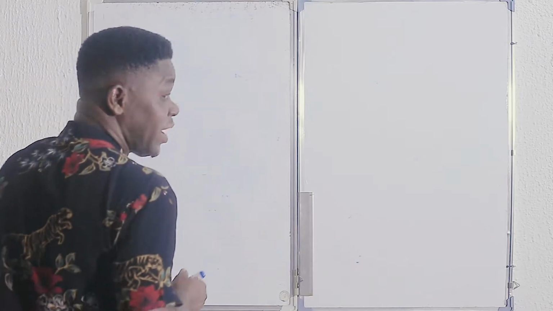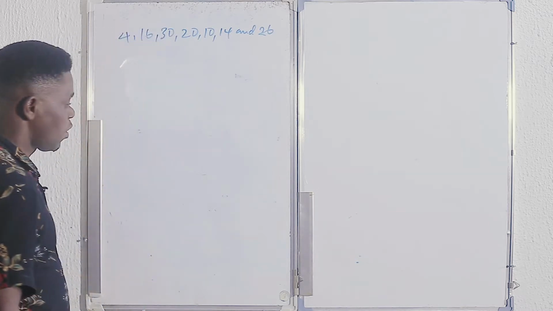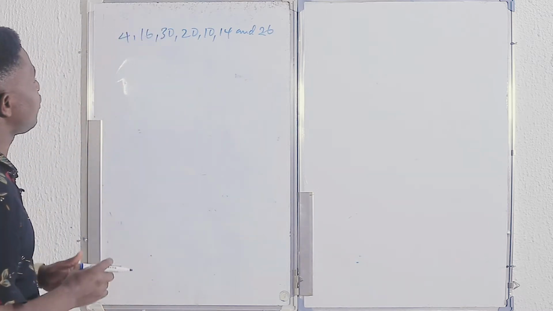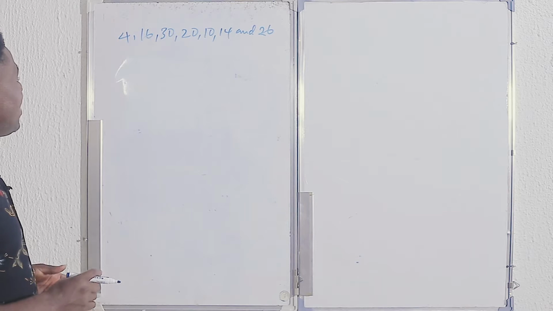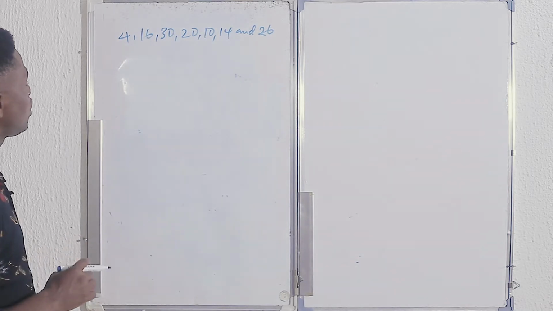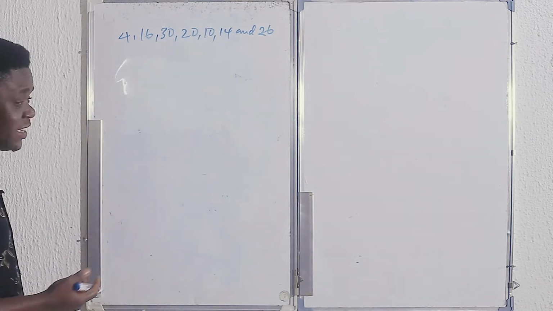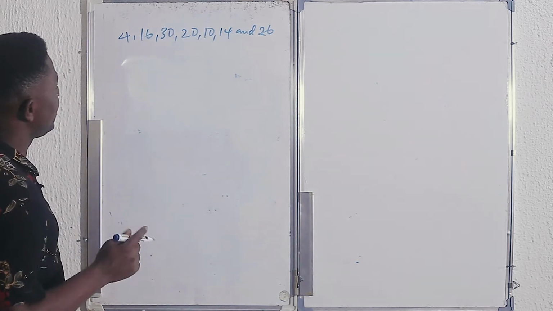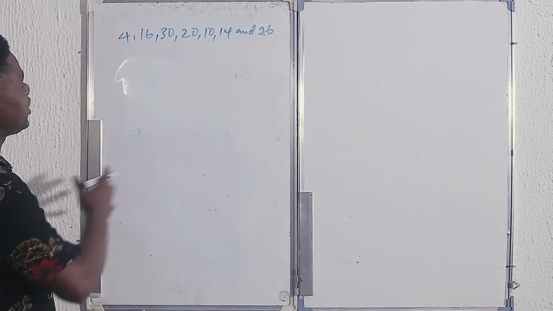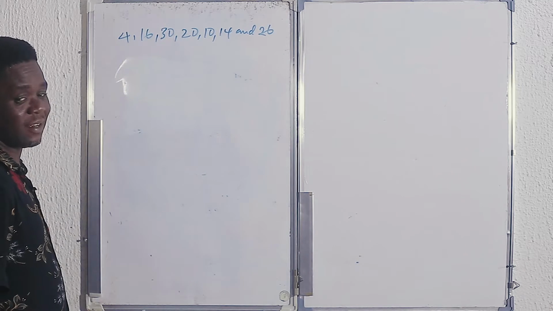Okay, so we are asked to find the value of all sets of numbers that are greater or equal to 16. The first thing you do in this kind of question is to arrange these numbers in ascending order.